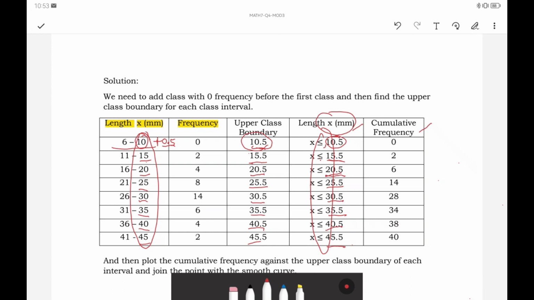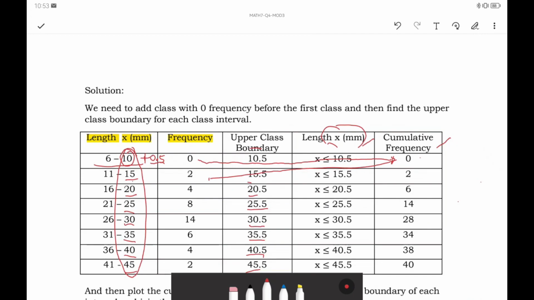Cumulative frequency. What do we mean by cumulative frequency? Let's start from 0. We just copy the 0. Cumulative means you are going to add the next one. 0 plus 2 is 2.